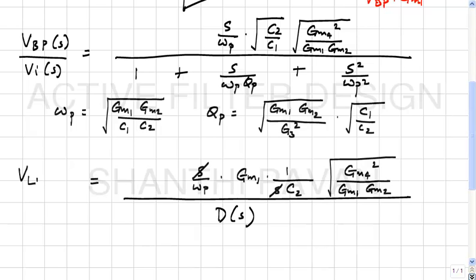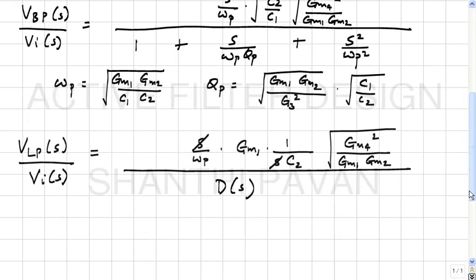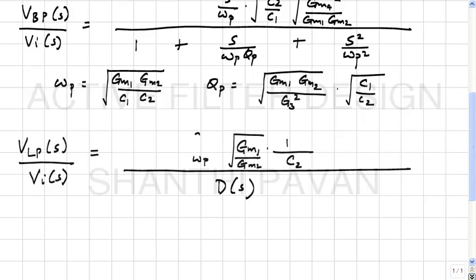So I will call this VLP of S divided by Vi of S. This becomes square root of GM1 by GM2 and this is GM4, and what is omega p times, one more factor is there under C2 by C1, times square root of C2.